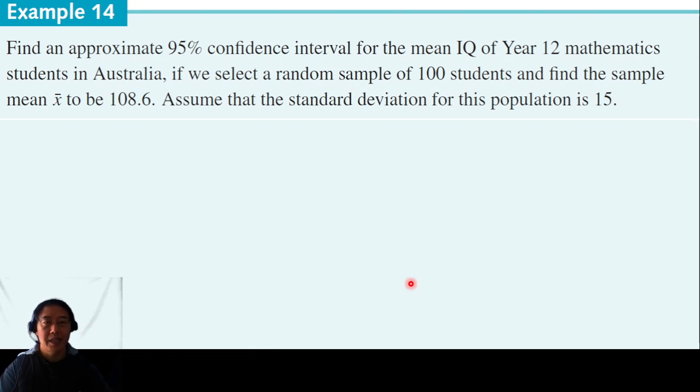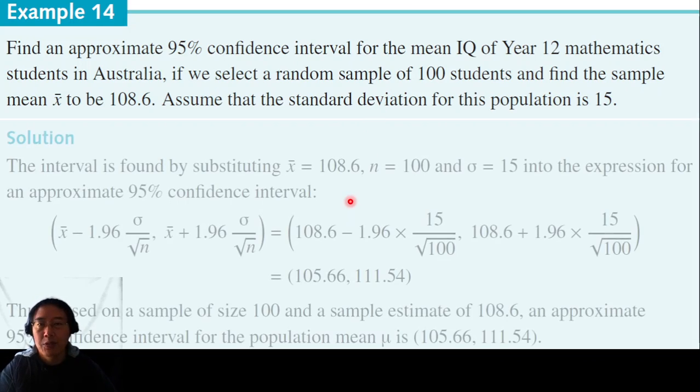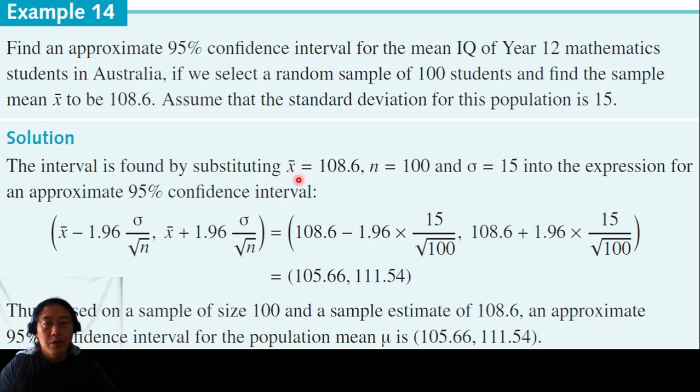Alright, example, a really direct application. Pause the video, probably write out what variables you know. Now let's move on. We know the sample mean, and we know n. The standard deviation is 15.